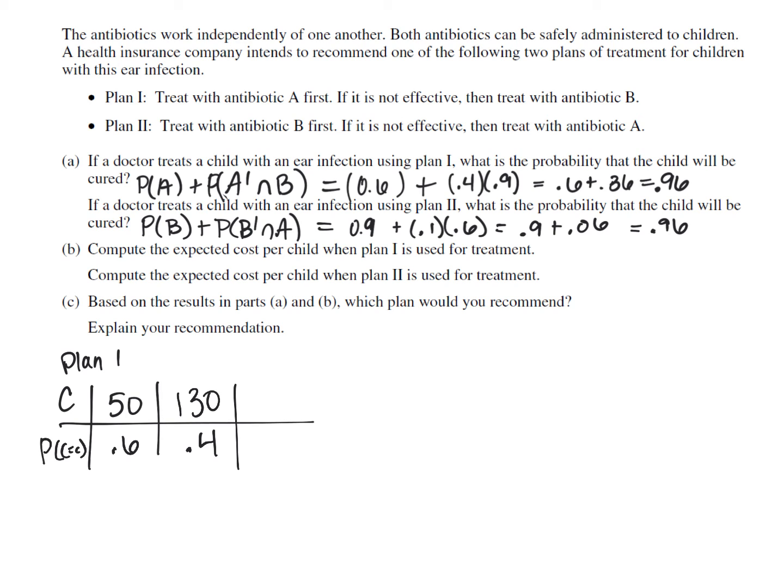Because whether or not you're cured with A, they still are paying for you to do B. And whether or not you're cured with B, it's still costing them $130. If I want to break it up, I could say 130 and 0.36 and 130 and 0.04. This is the probability you're cured, and this is you're still not cured.